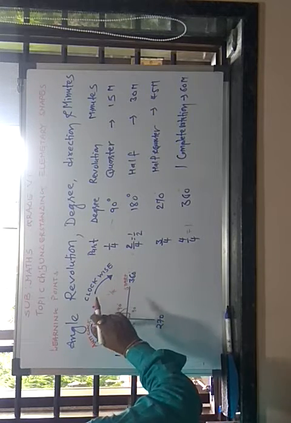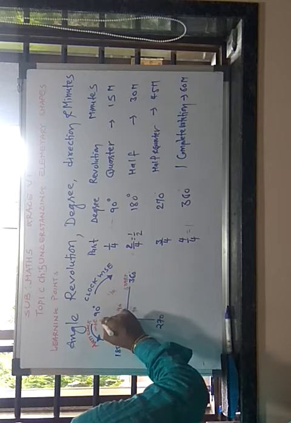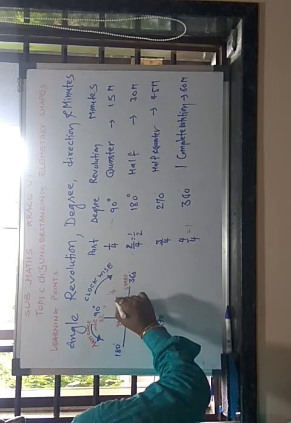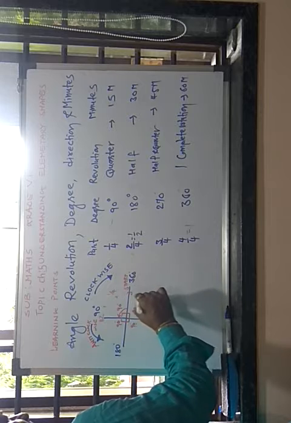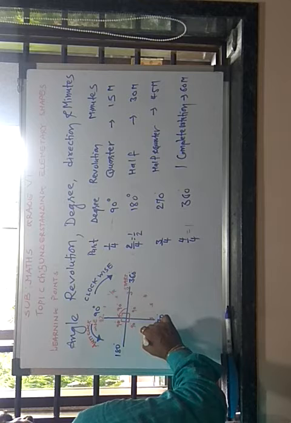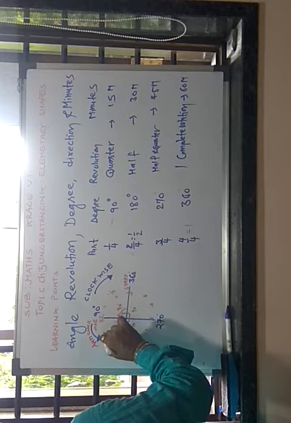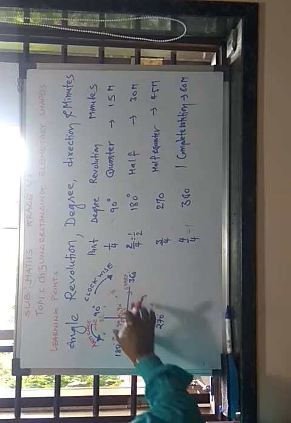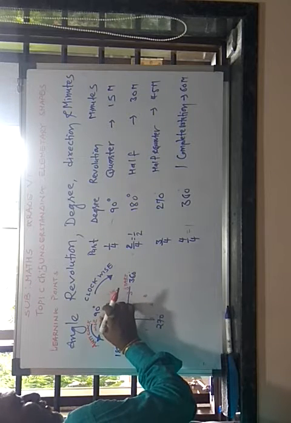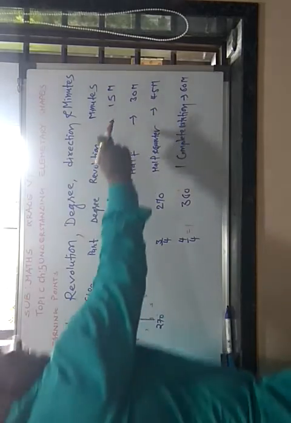Because here you see in the clock, 12 is there, then 1, then 2, 3, 4, 5, 6, 7, 8, 9, 10, 11. Between 12 and 1 it covers 5 minutes, so in total 60 minutes.